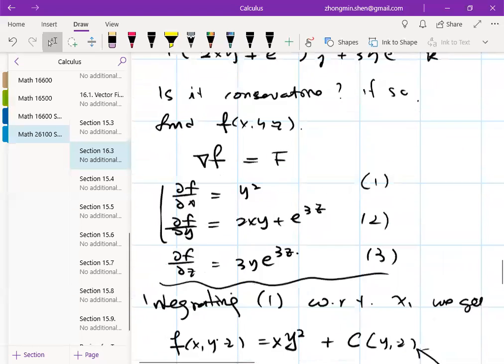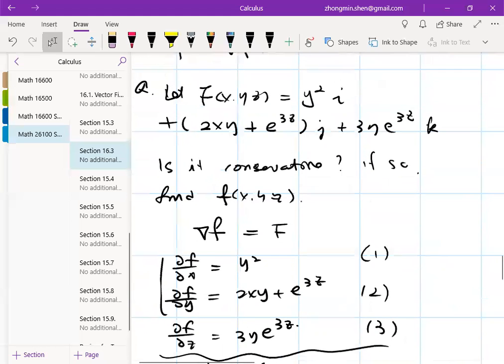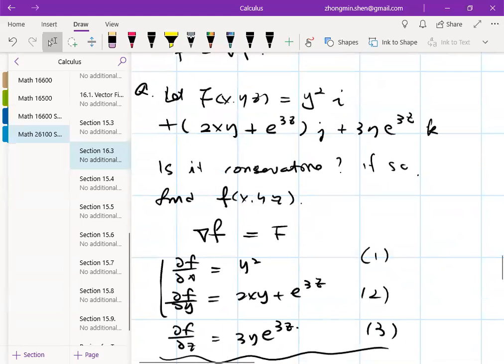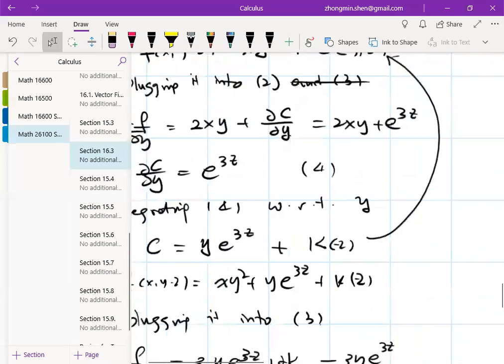What we did here is just assume it's conservative. We're lucky, you know, we're told that it's conservative, then we just go ahead and find it. Suppose you couldn't find the f, and you already spent lots of time here, right? And at the end, you say you cannot find this little f. Then you say it's not conservative. That's okay, but is there any other better way to do that?